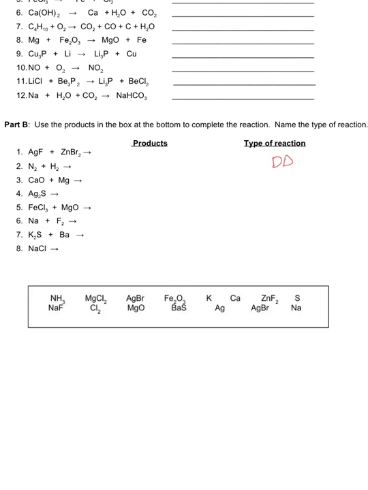So to predict the products, I'm going to follow the pattern. The first goes with the last. So my Ag is going to go with Br. Down here in the box, I'm going to look for that product. There it is right there, AgBr. So I can copy it down from the box.